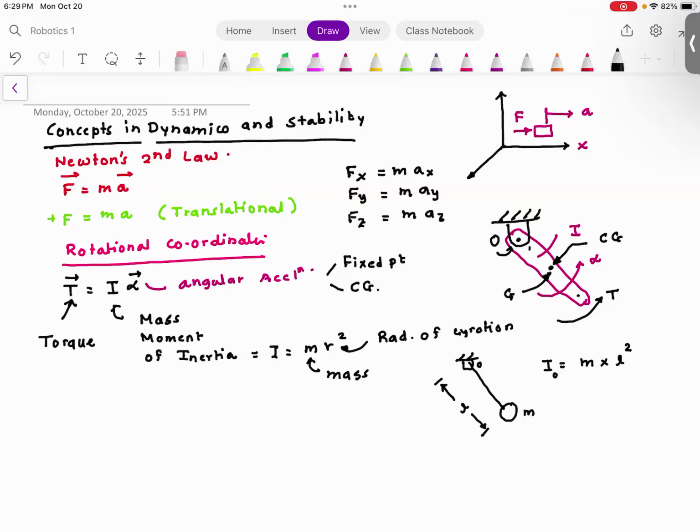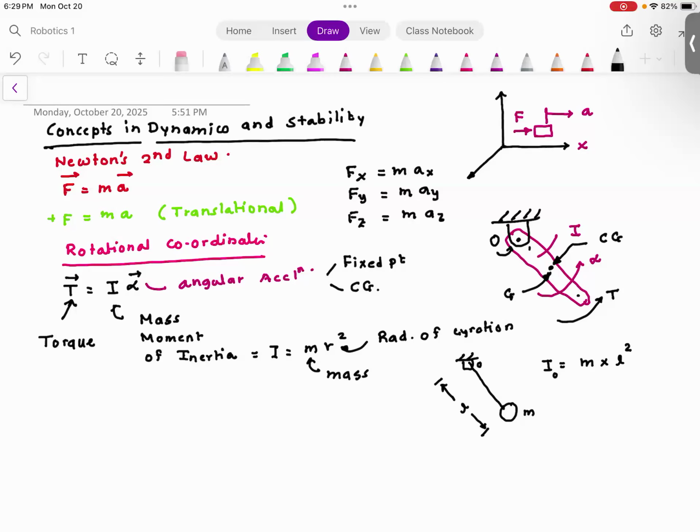I just want to make you aware. Moment of inertia is mass times the radius of gyration squared. This is where the mass is located, this is where the point of rotation is, and your torque is going to be about this point O.